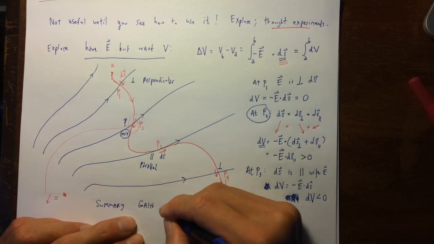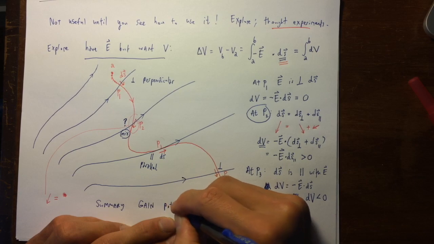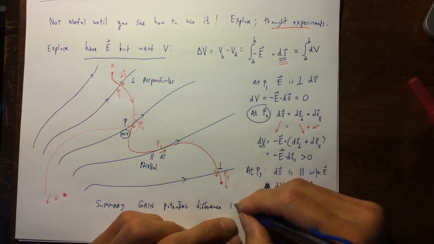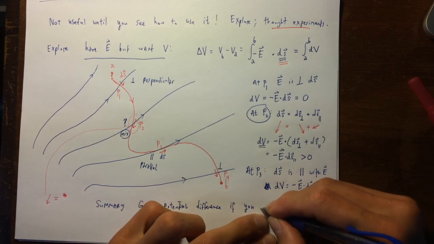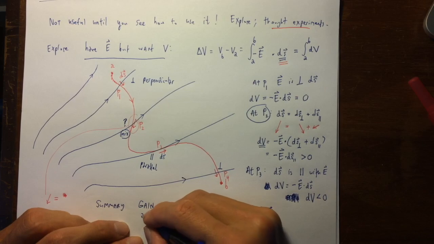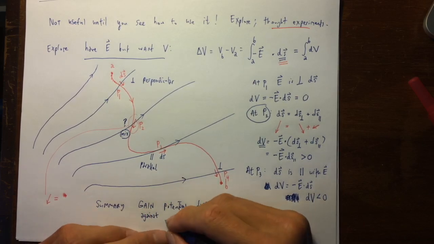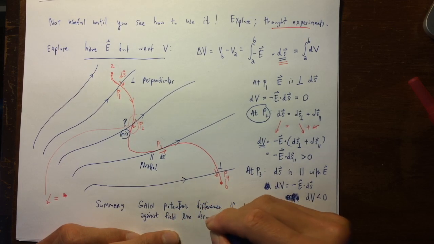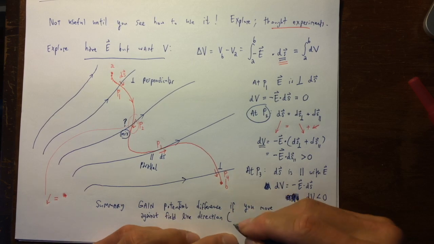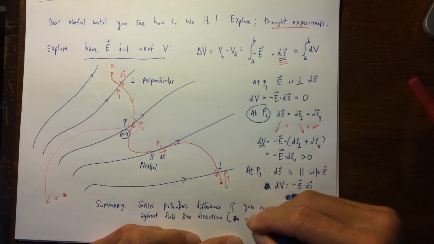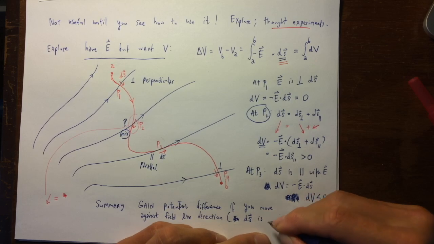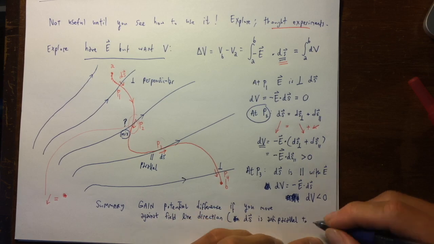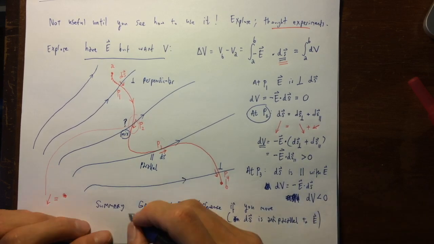you gain a potential difference if you move against a field line direction. I'm going to put anti-parallel: ds is anti-parallel to E, right?